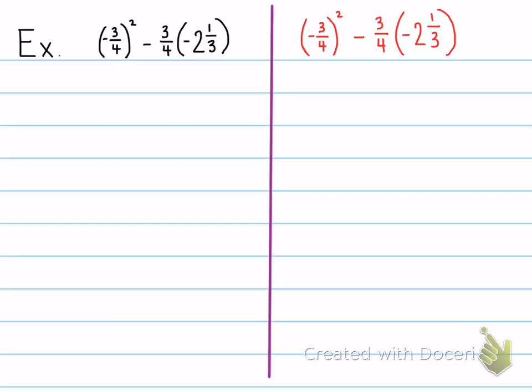squaring. So then I look for exponents. I see that I have -3/4 squared. I remember that -3/4 squared, I'm taking that squared and putting it with both numbers. So it's actually -3 times -3 on the top and 4 times 4 on the bottom. I know that a negative times a negative is a positive, so it's really 9/16.